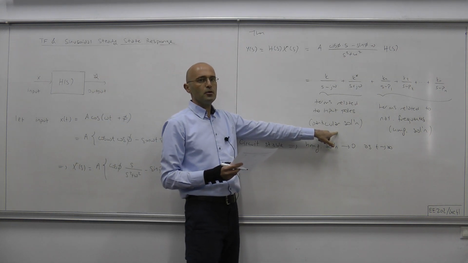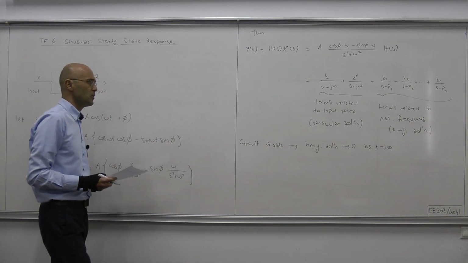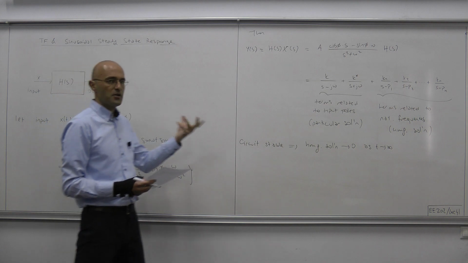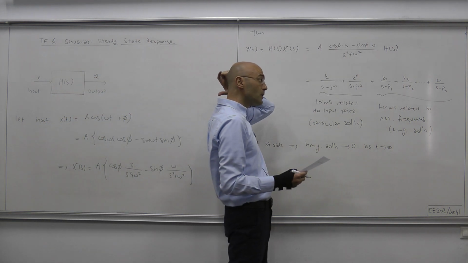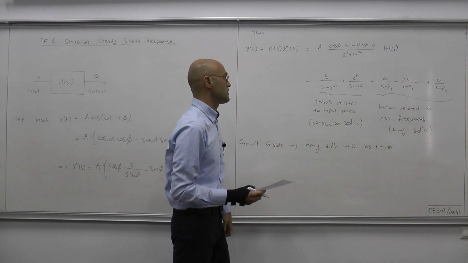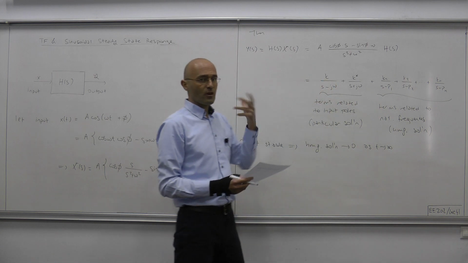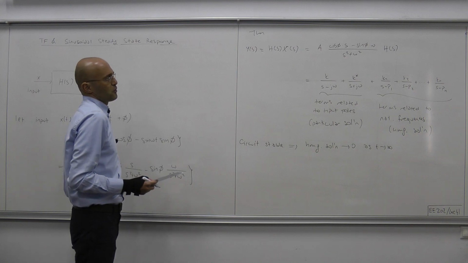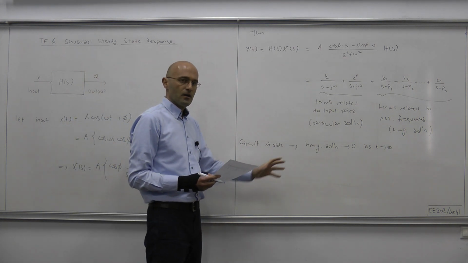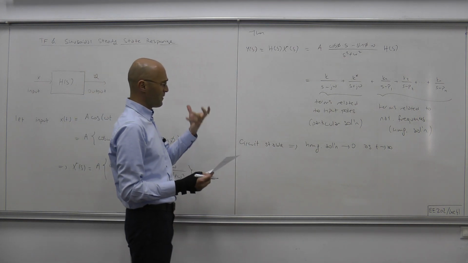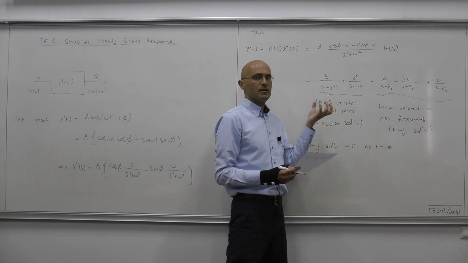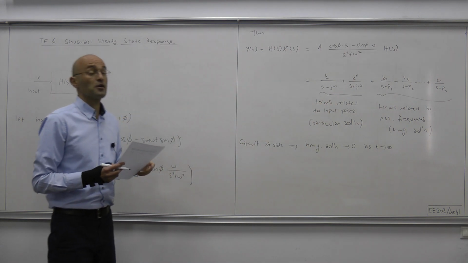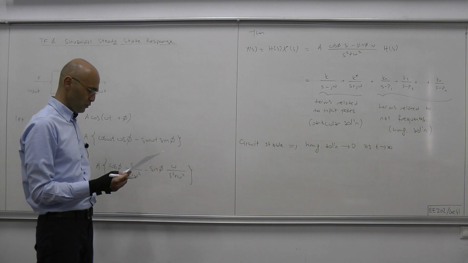Whereas the terms due to input correspond to a sinusoidal signal oscillating at frequency omega radians per second. Therefore, they are sustaining oscillations, they're not going anywhere. They are there, and that part makes the so-called steady state, or sinusoidal steady state, solution.